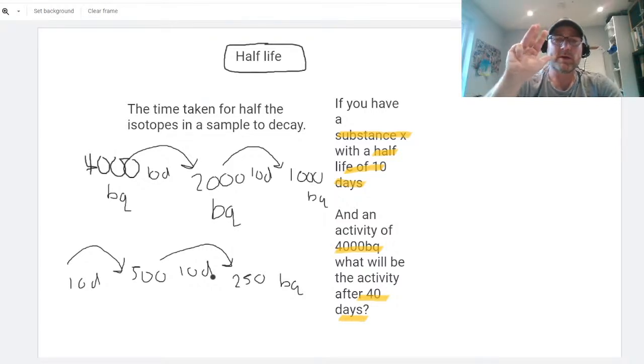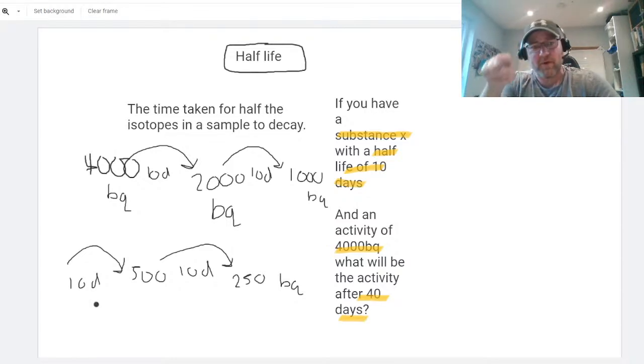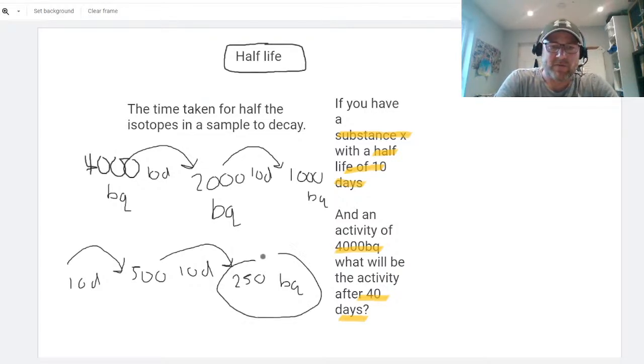Oh, it's 500. If you write it out, it's actually only halved 4 times. Each arrow is the dividing. Or you could put 4,000 in your calculator and just press divide by 2 4 times. How do we know 4 times? Well, it said 40 days and it's halving every 10, so that's 4 divisions. However, it's easier to just write it out. So the answer would be 250 becquerels.